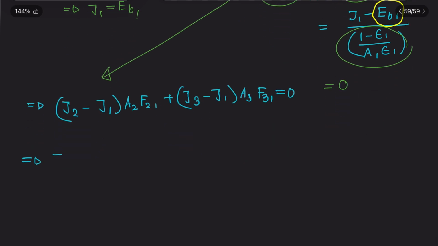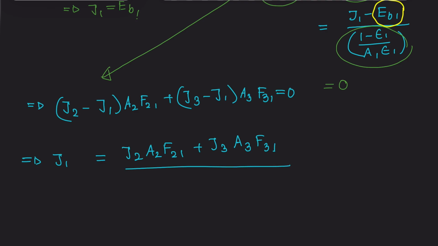So I can take the J1 common and I can finally write J1 is equal to J2 A2 F21 plus J3 A3 F31 by A2 F21 plus A3 F31.